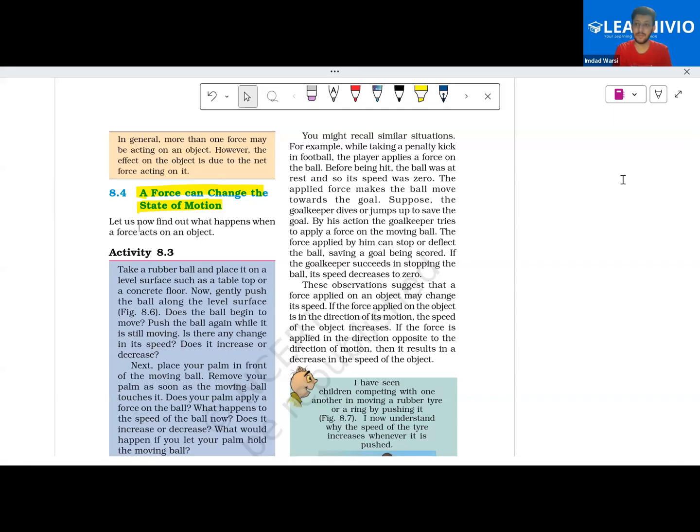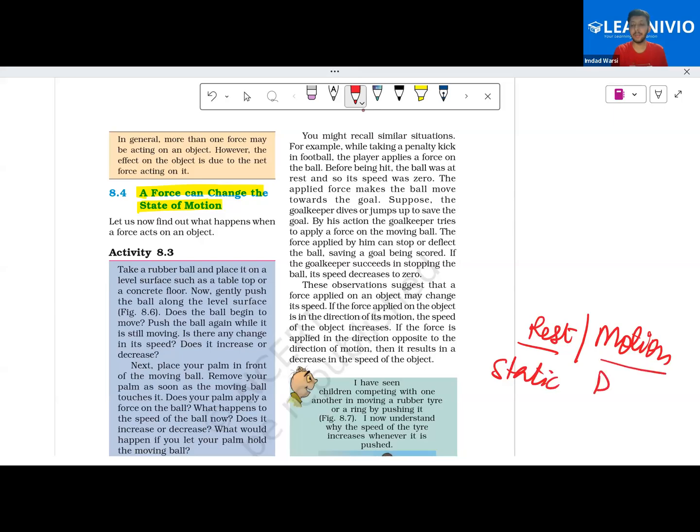I didn't know the answer for that because we discussed it. That is why I was shocked to see the answer, because I didn't mention the words static and dynamic, but I mentioned other words for states of motion. I wrote whether the body is at rest or the body is in motion. Rest is called static and motion is called dynamic.